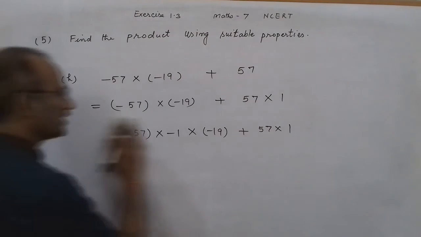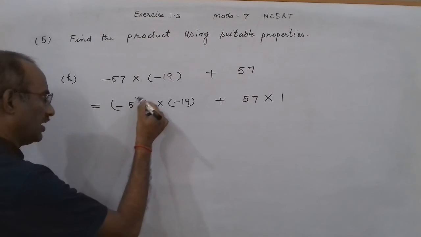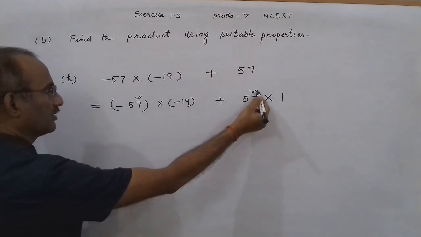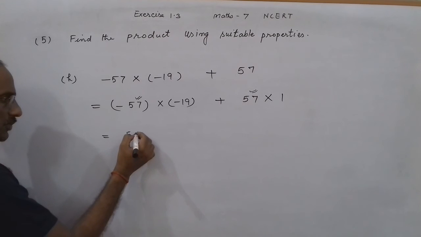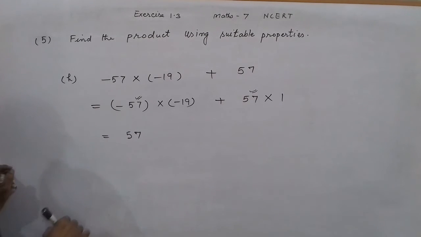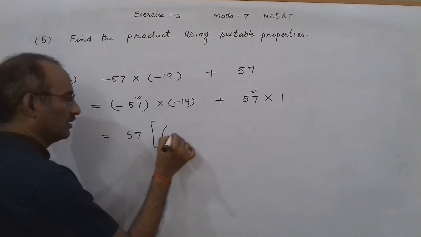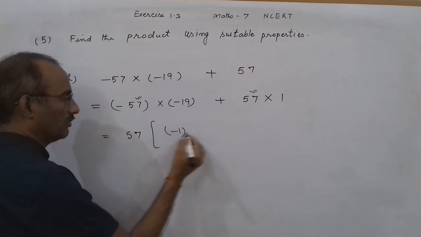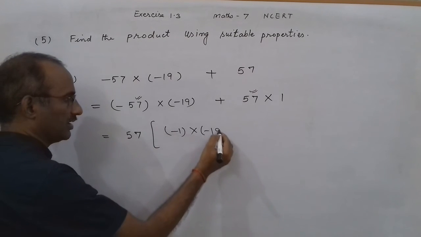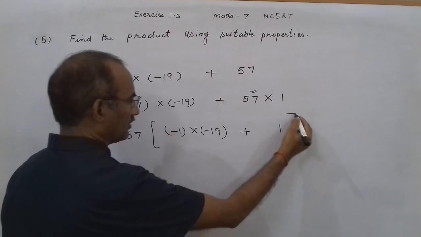If we take 57 out of the bracket using the distributive property, then here we can write minus 1 multiplied with minus 19 and plus 1.